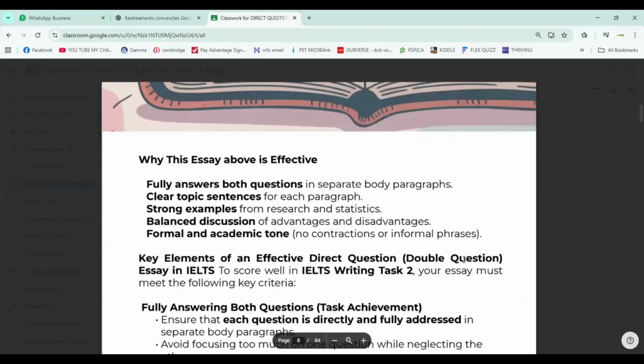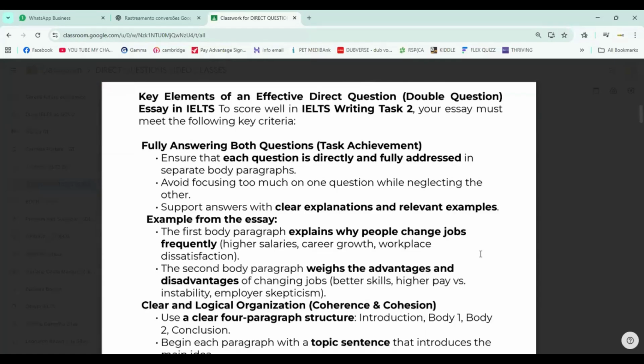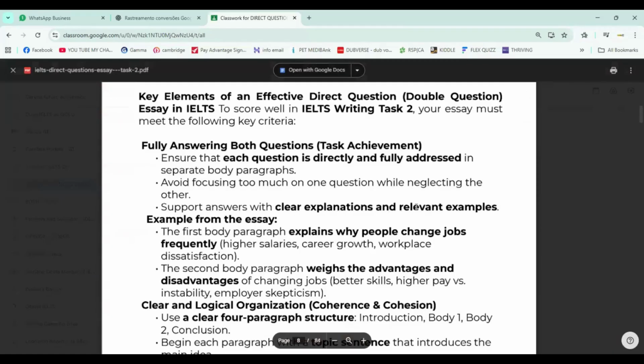Okay? So from page 7 to 10, the student will be able to see a sample. It will be a complete essay, not just a part, so the student can really see what a finished essay looks like and understand what is expected.